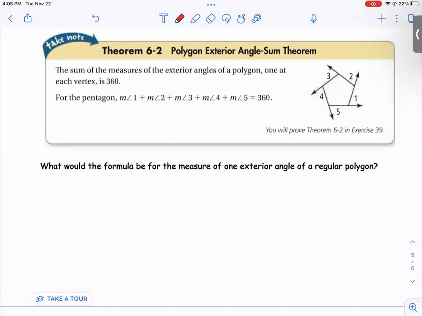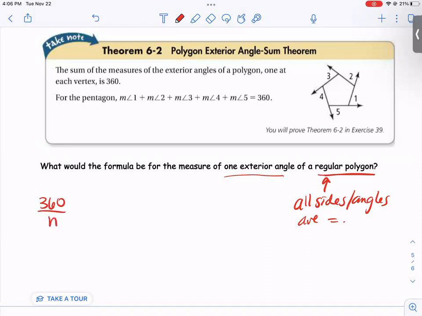So what would the formula be for the measure of one exterior angle of a regular polygon? Remember, regular means that all sides and angles are equal. So that would mean that if all of those angles are going to add to 360, if I just divide that by n, which is the number of sides, we get the value of each individual exterior angle.